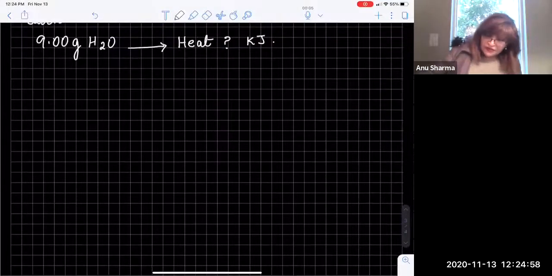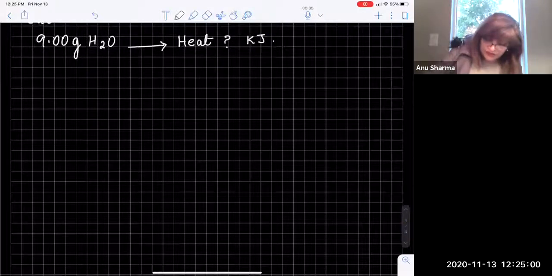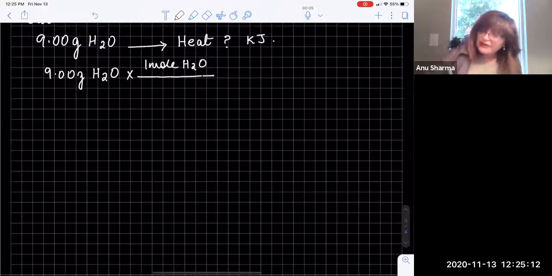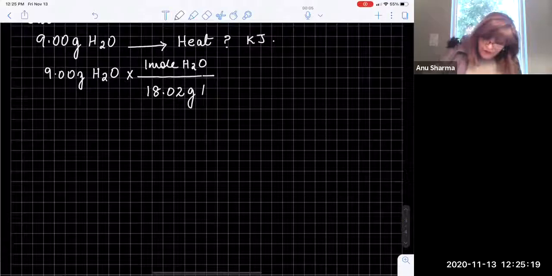So again, the first thing we are going to do is convert the 9 grams of water to moles of water by multiplying by 1 mole of water over the molar mass of water, which is 18.02 grams of water.